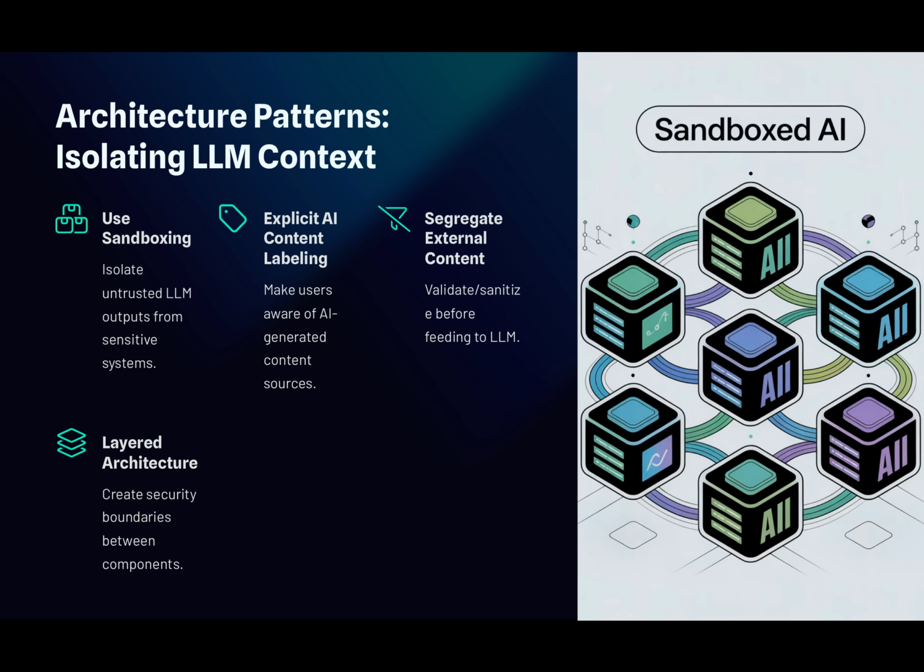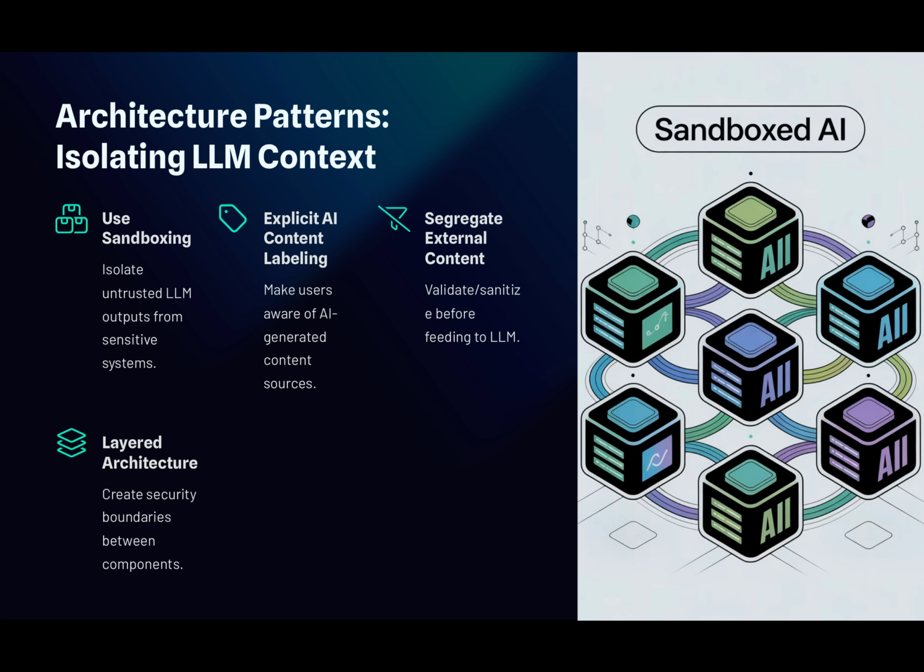Another best practice is explicit AI content labeling. By clearly identifying all AI-generated content, you give users better awareness of content sources. This transparency helps users understand when they are interacting with or consuming information produced by an LLM, which builds trust and allows for more informed decision-making.